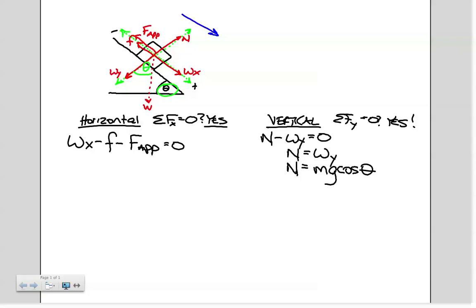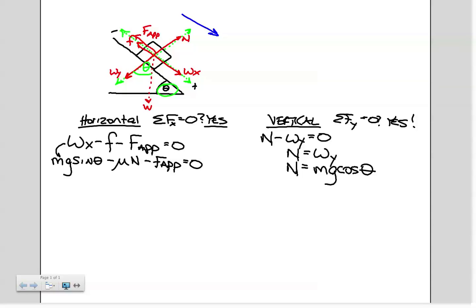In the horizontal plane, I can further work with this by basically calling the x component of the weight mg times the sine of the angle theta, 28 degrees, minus the frictional force, which is, of course, mu times the normal force, minus the applied force, which is ultimately what we're trying to solve in this problem.